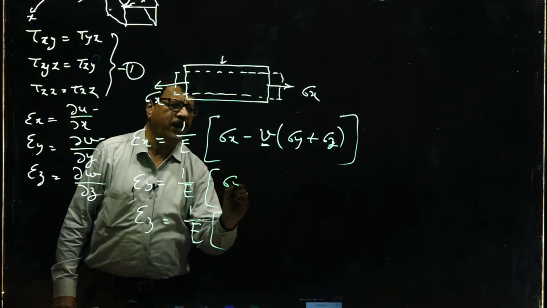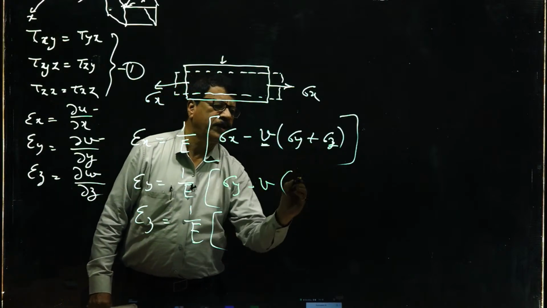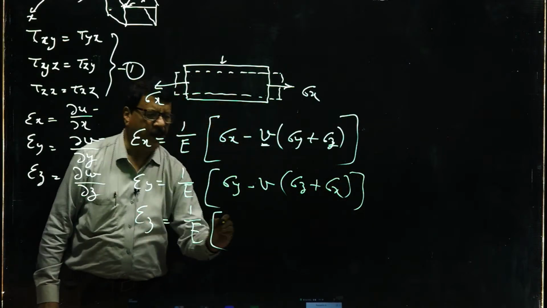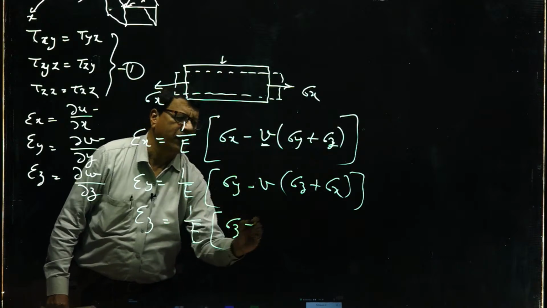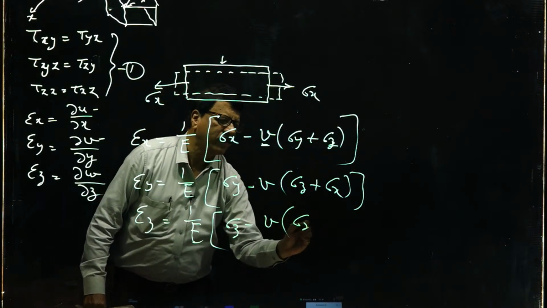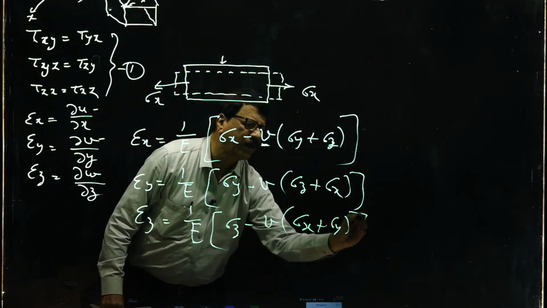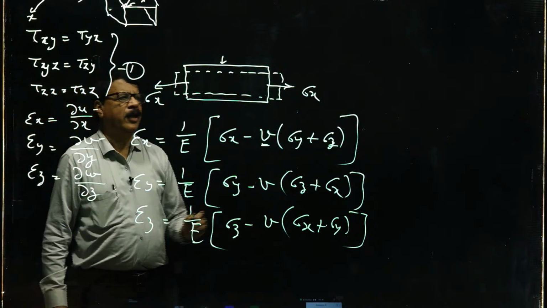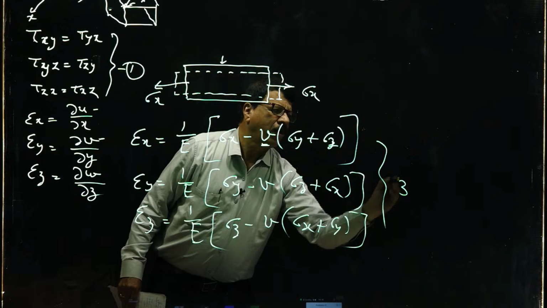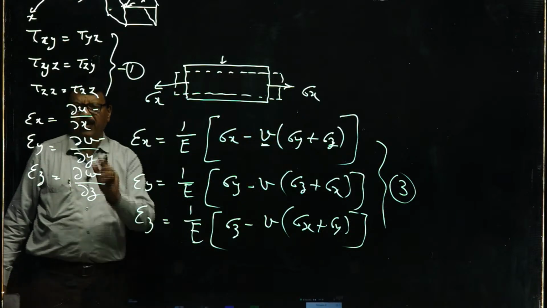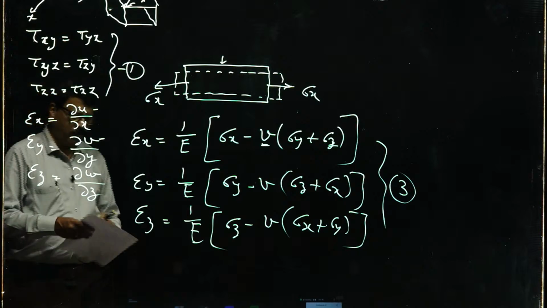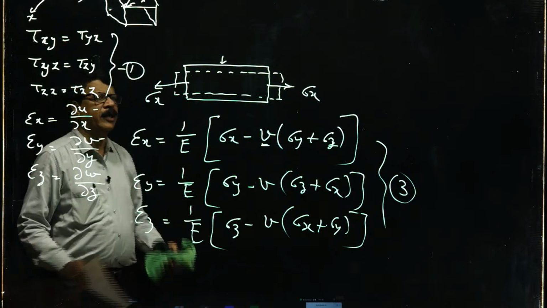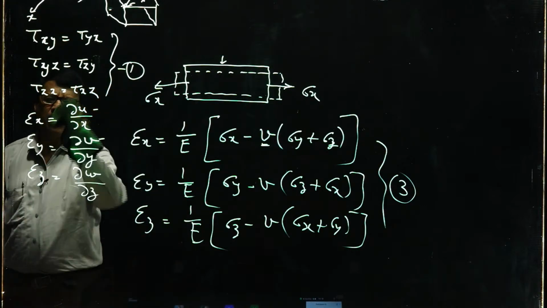X, you put the Y, you put the Z, put the X. Here Y, Z, then X, then Y. It is like this. So this is your third equation. You write the number of equation properly. Whenever we go in the future, I will ask you to use equation number 3.